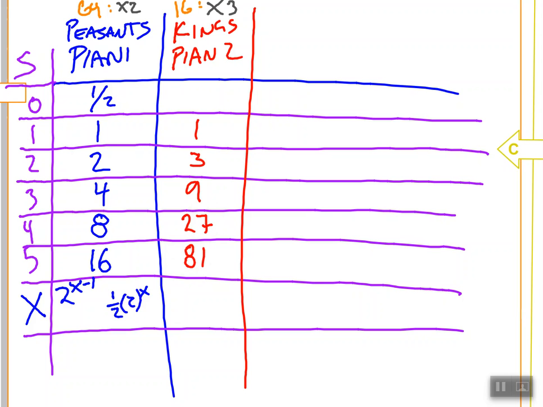What do you think the equation should be based on the peasant's plan equation? It would still be -1. The only thing that's changed is how it's growing. What is the y-intercept?